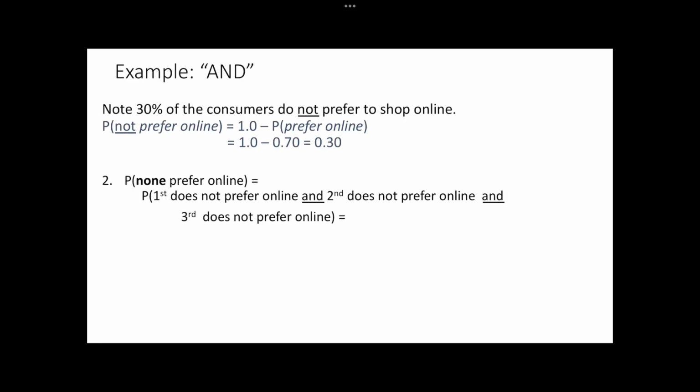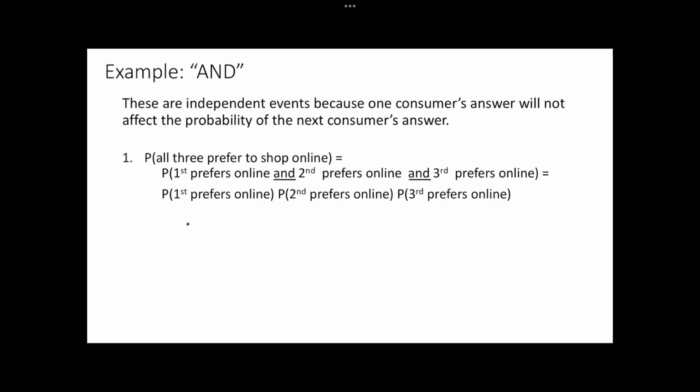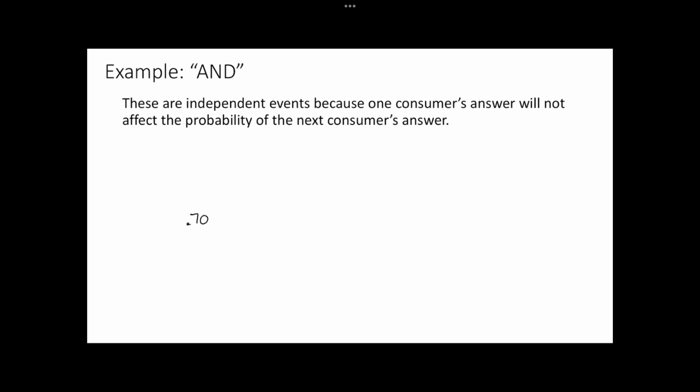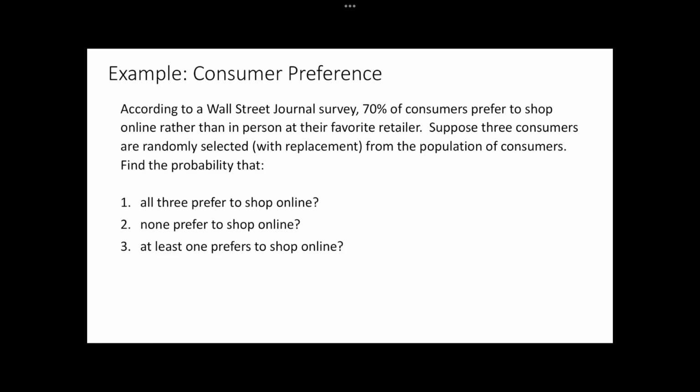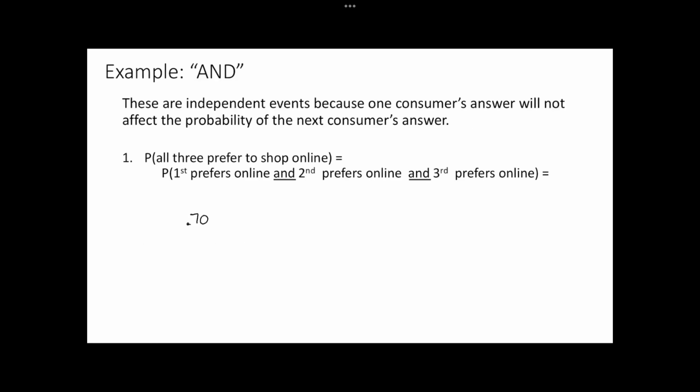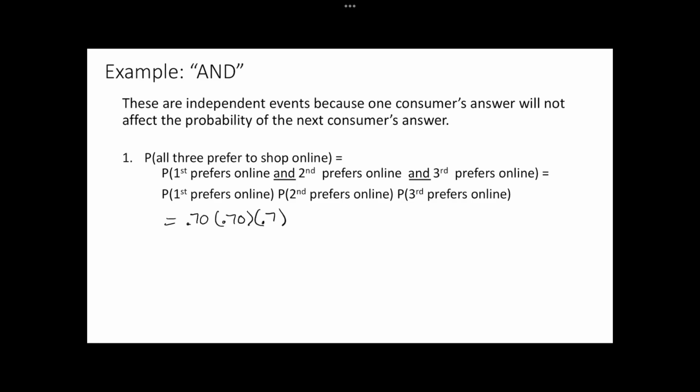According to our information, that's 0.7, right? 70% prefer to shop online. That's a shocking amount. So 0.7 times 0.7 times 0.7. Again, you're going to plug that into your calculator, and you get 0.343. So the probability that all 3 prefer to shop online is 0.343.